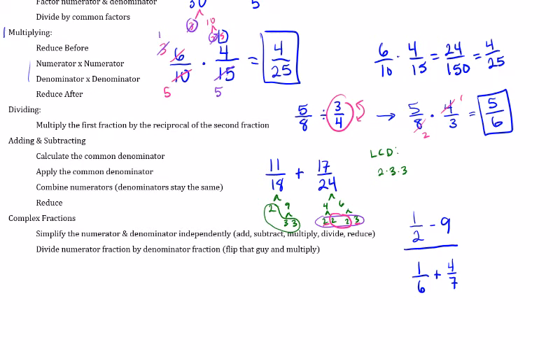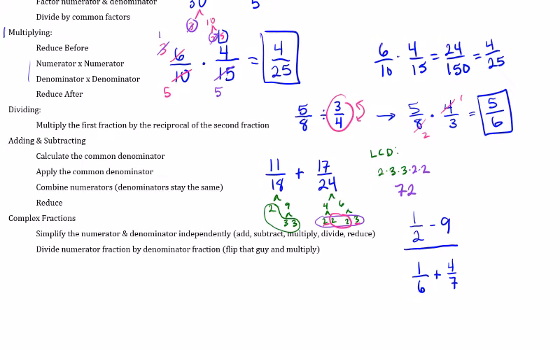So I'll just multiply by 2 more 2s. So the LCD is going to be this product here. 2 times 3 times 3 times 2 times 2 is going to be 72. So that's our least common denominator.